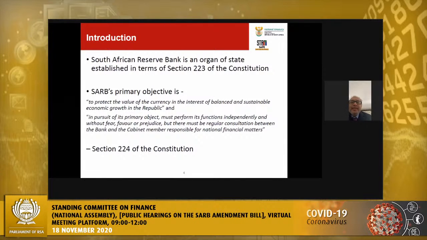And in pursuing that primary object, there must be regular consultation between the bank and the Minister of Finance, so that there is coordination between monetary and fiscal policy via this consultation process. Obviously, you don't dictate; it is a consultation process.